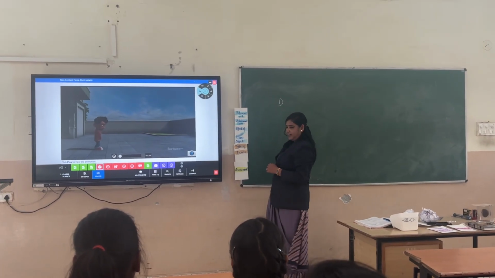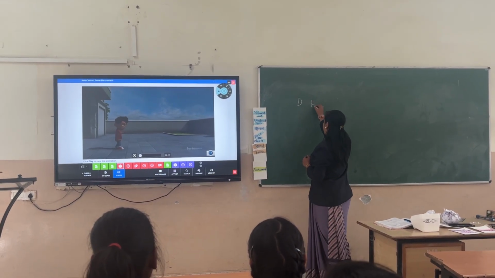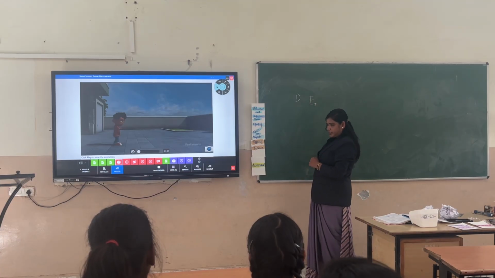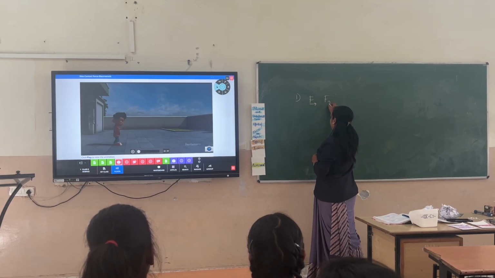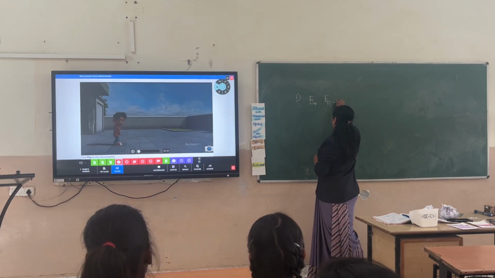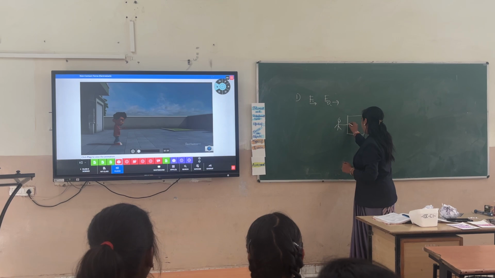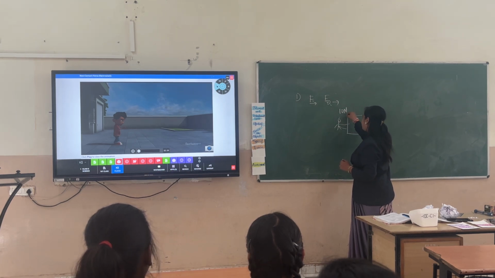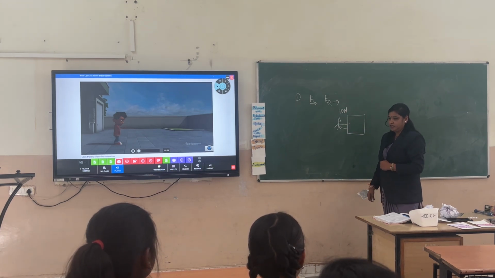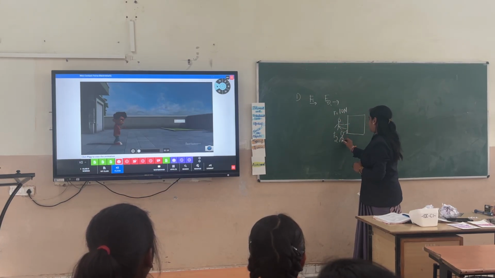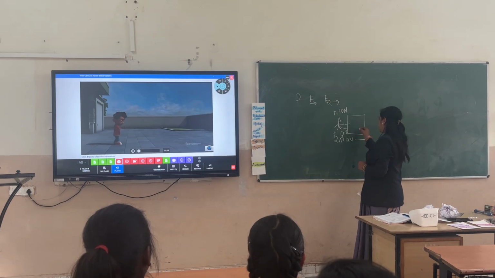The first thing: the forces acting on an object are equivalent, force F1 and F2, both acting in the same direction. If it is a box, a person standing here applies 10 Newton of force on the table. Again another person, this is F1, again F2 will join him. He will also apply 10 Newton of force in this direction.